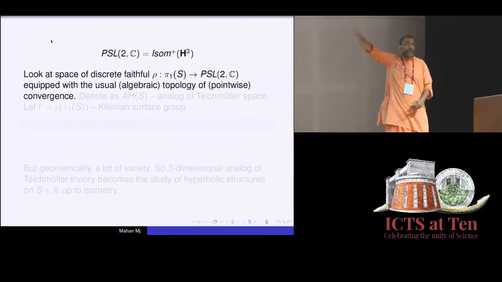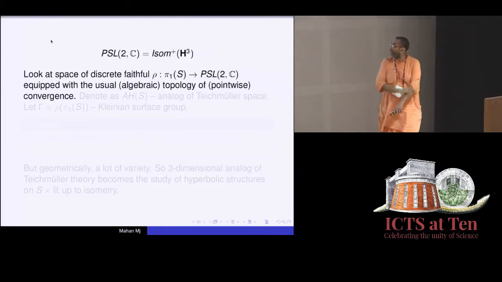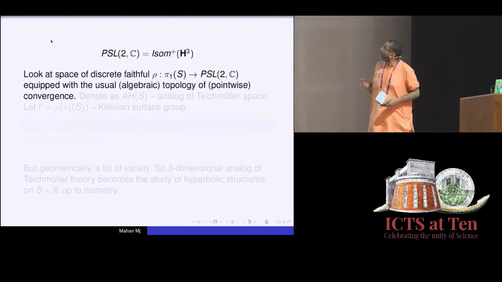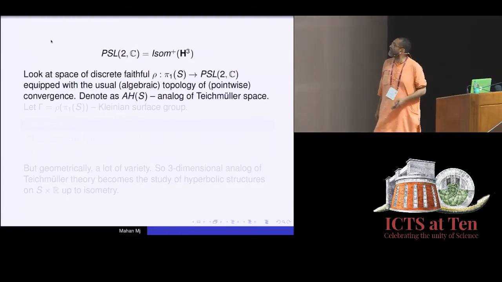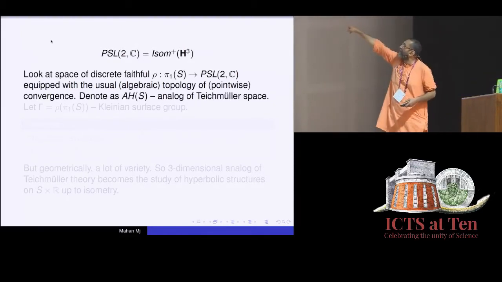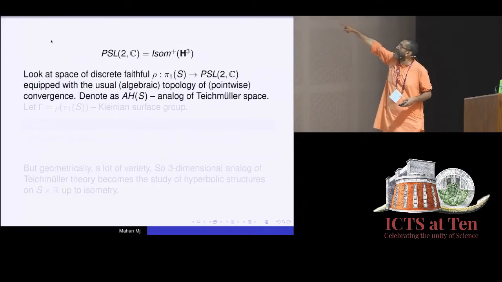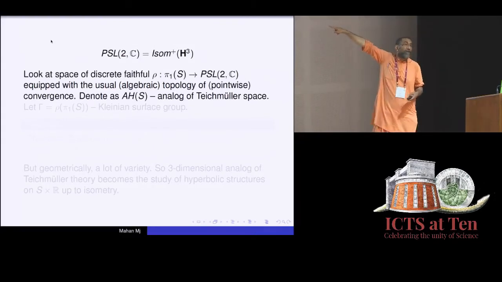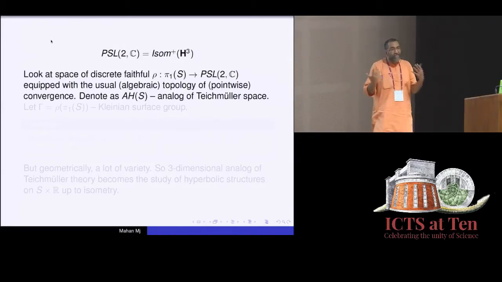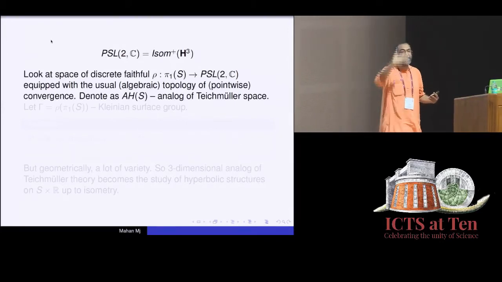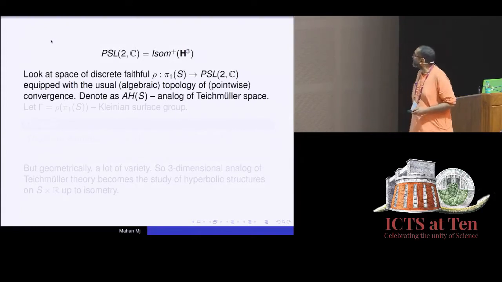If that P bothers you, you can just forget it and you will not lose anything. This collection of representations equipped with this topology is denoted AH of S. A stands for the algebraic topology, H stands for hyperbolic structure. So this would be a naive analog of Teichmuller space in the next dimension.